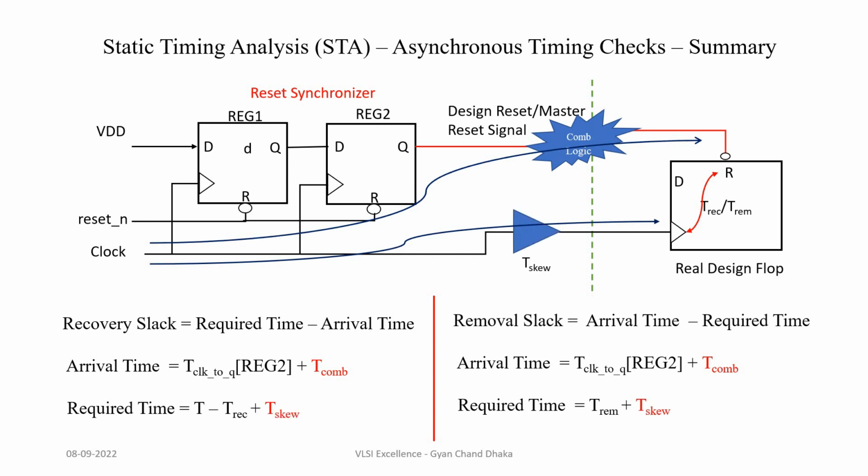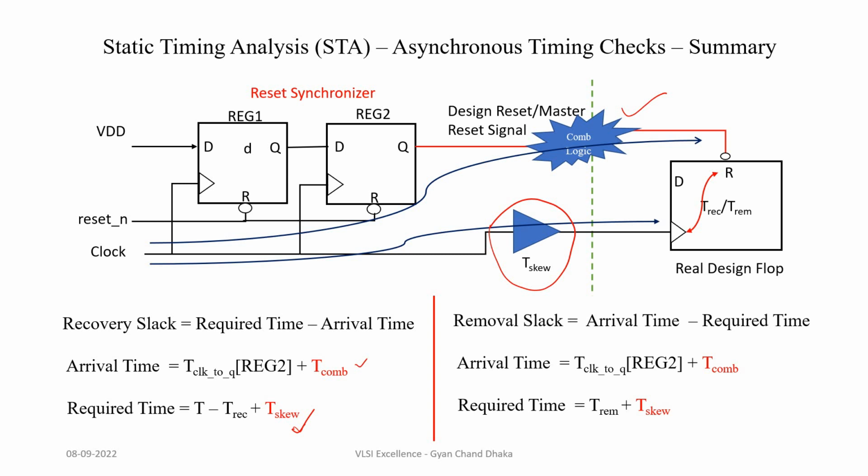If we take the third scenario, where there is both combinational delay as well as some skew present in the clock path, in this particular case our arrival time is going to increase by T combinational delay, as well as our required time will also increase by T skew, because here we are assuming a positive skew. So the clock period is basically moving to the right side by T skew.